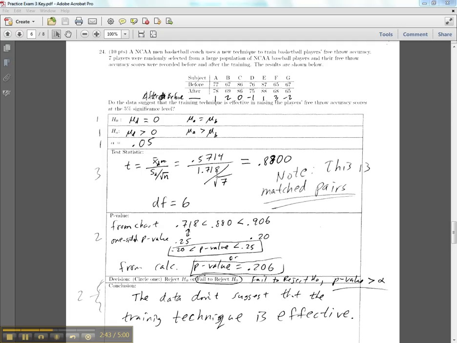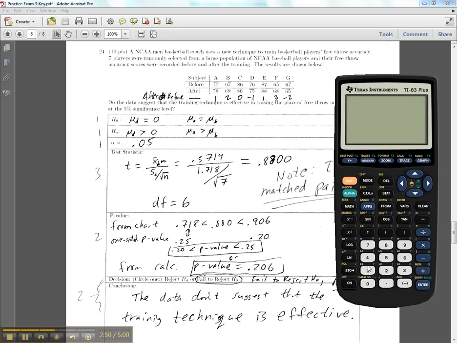The test statistic, again, you can do it by hand. The easiest way is to use the calculator, and let me show you how to use the calculator really quick. Just go to stat and plug the information in your list. So before, let's put all this information in the before list. And then what you're going to have to do is calculate the difference between the two.